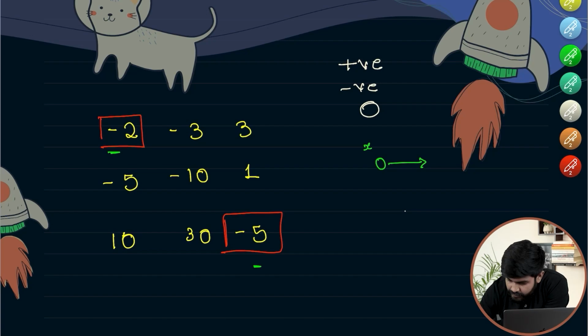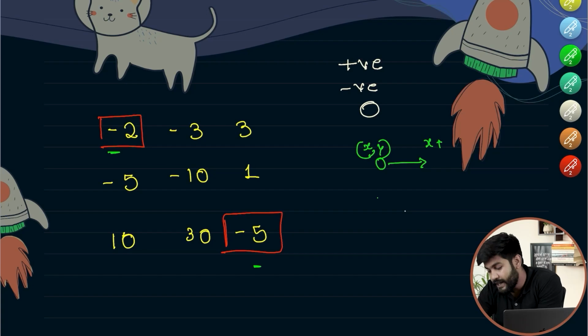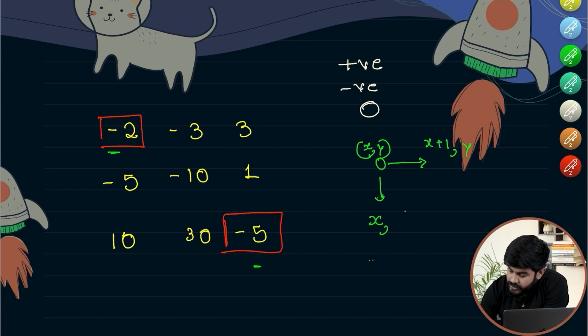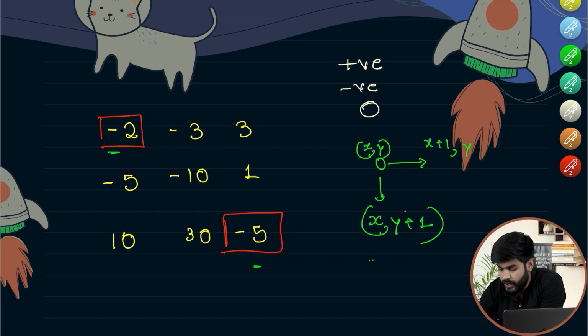That is, if the coordinate here is x and y, the column would increase because we are going on that side. That would be x comma y plus 1. And the next allowed option is to go down, that is, the column would remain the same and the row would increase. These are the two allowed options in which you can move.